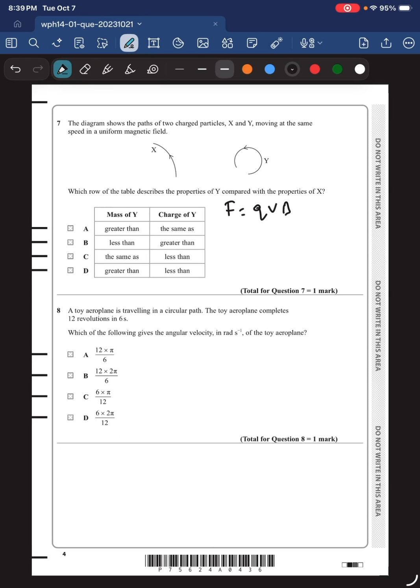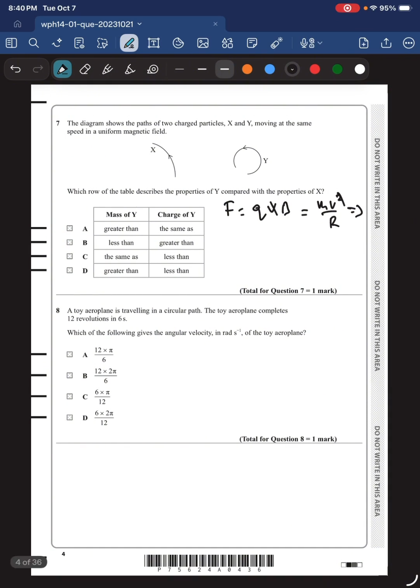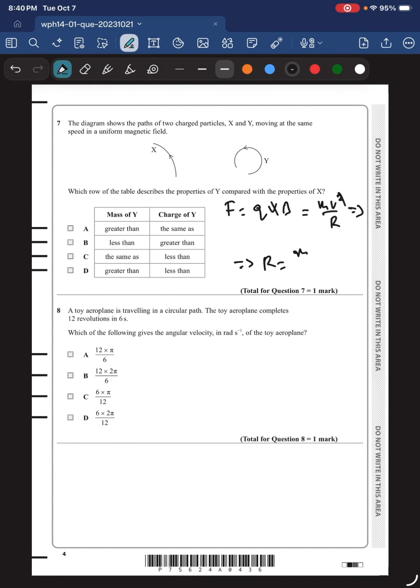For a charged particle traveling with some speed v in a magnetic field, the force qvB is acting on it, which becomes the centripetal force. So mv squared over r is the centripetal force, I'm sorry. So this v cancels, and then we can solve for r, and we find r = mv over qB.